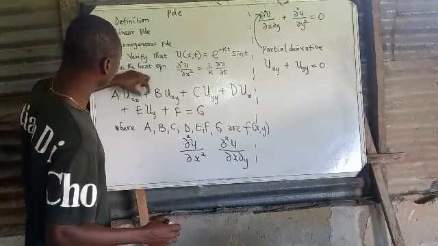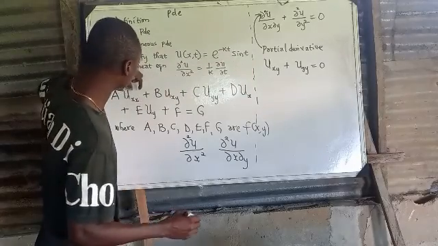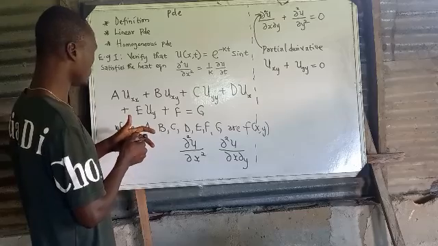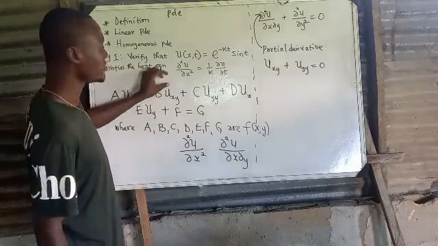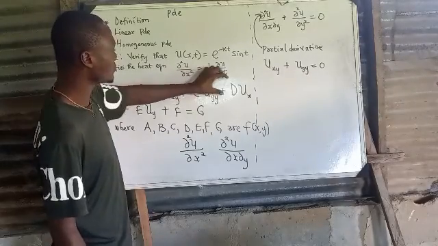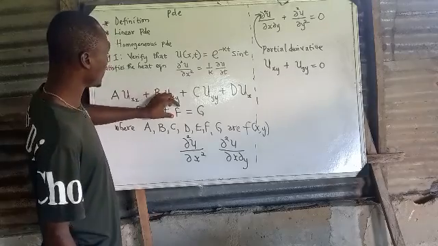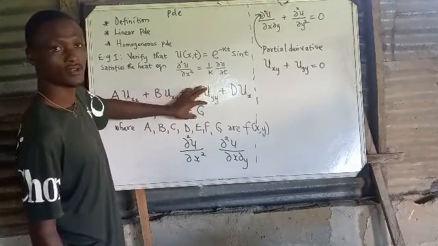Now, when you see partial derivatives like this, and they have coefficients, look at the coefficients of these partial derivatives. The coefficient of this one is a, of this one is b, of this is c, of this is d, of this one is e, and this is f. This is a constant f, and this is a constant g.